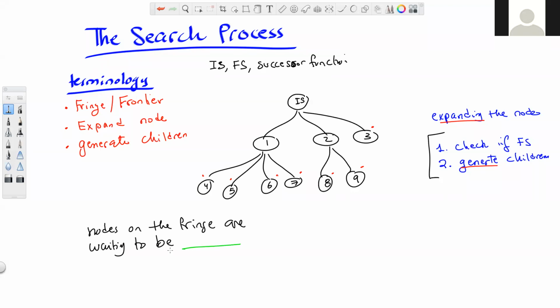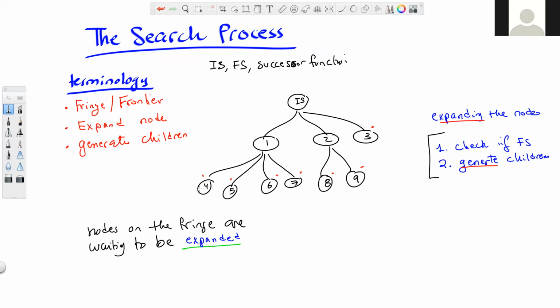Nodes on the fringe are waiting to be what? Expanded. Thank you, guys. Expanded. Very important. Nodes on the fringe are waiting to be expanded. So I have 7 nodes that are candidates for expansion.